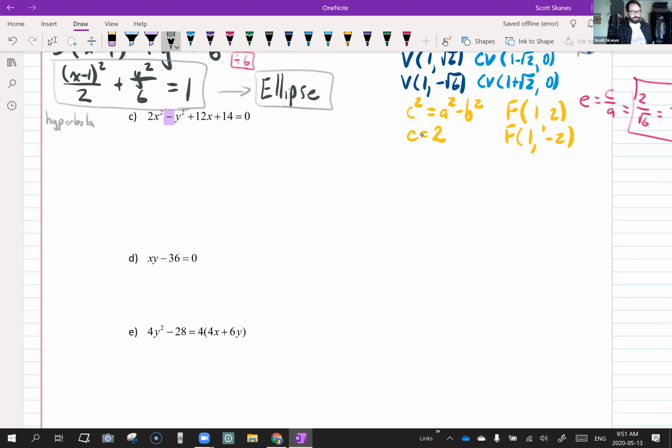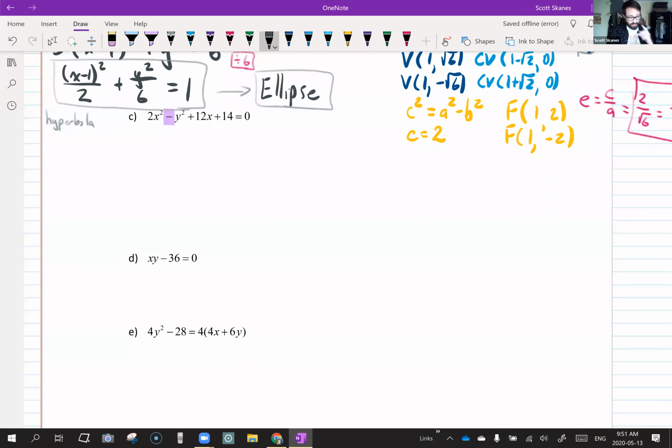Hyperbola, because one is squared. Well, they're both squared, but there's a minus between them. One is positive, one is negative. That means it's a hyperbola. So right away we could write hyperbola. And yeah, Tadek, it's just the minus that's the only thing that matters.